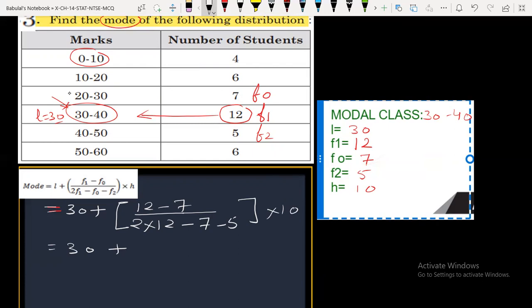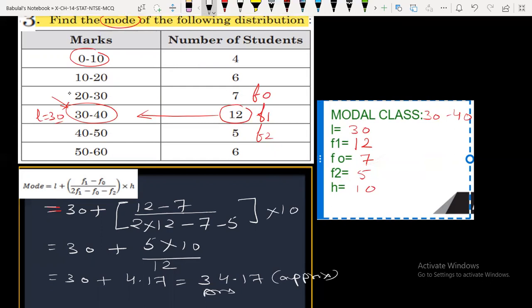Then you please calculate 5 into 10 divided by 12. So again 30, 50 by 12, that is 4.17. So the mode of the given data will be 34.17. Answer you write here approx. So what is the answer? 34.17 is the mode of the given data.